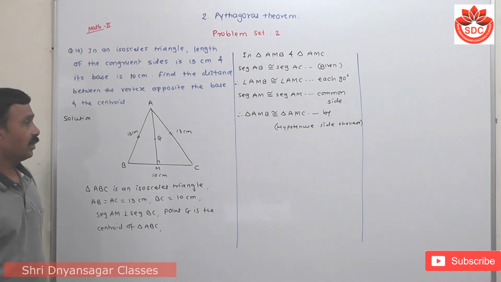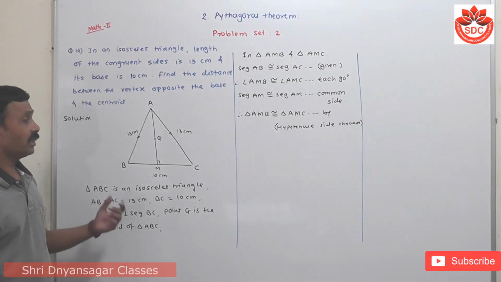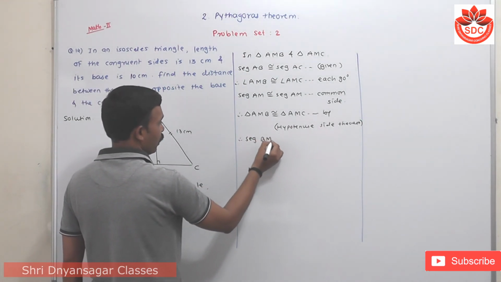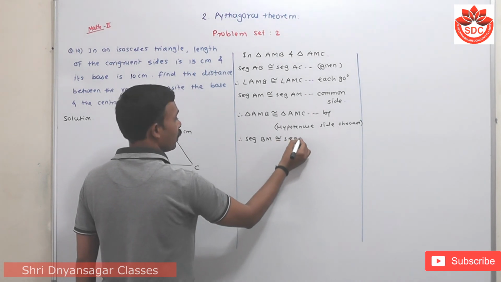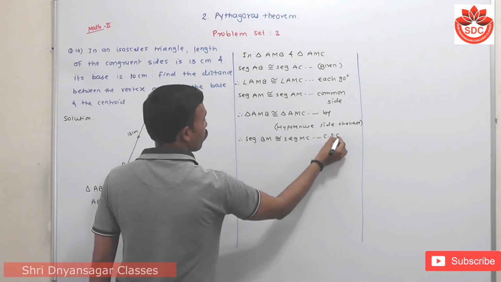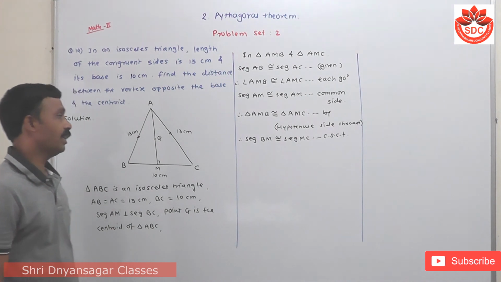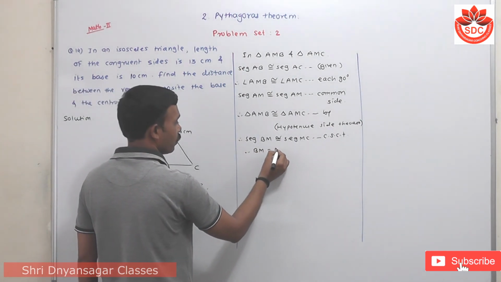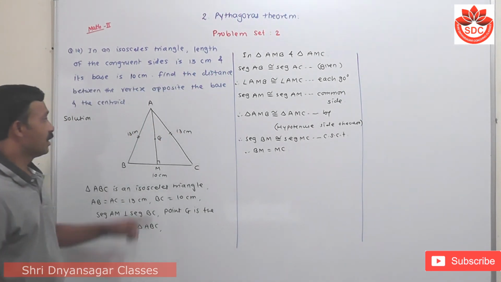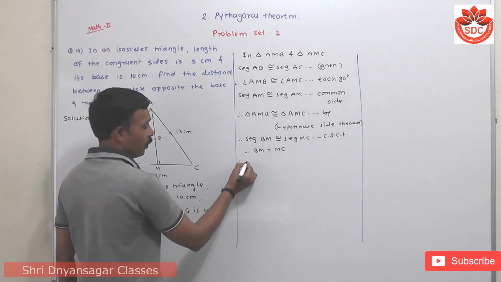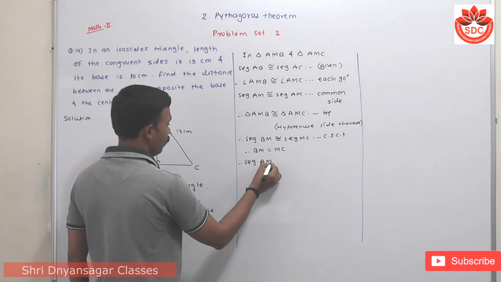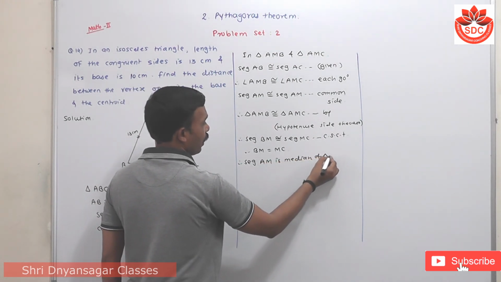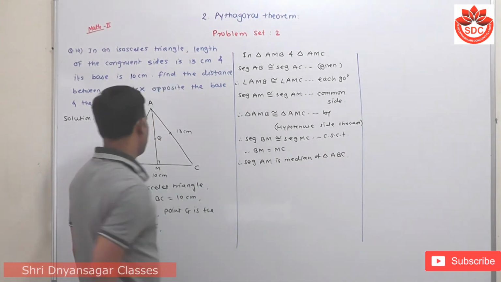Can you understand this? Then their corresponding sides are also congruent, so segment BM is congruent with segment MC. Therefore BM is equal to MC, and segment AM is the median of triangle ABC.